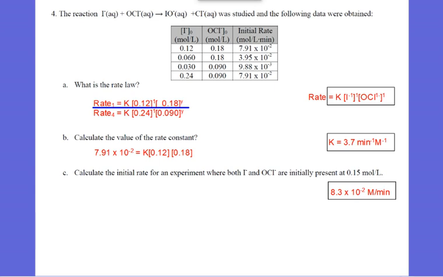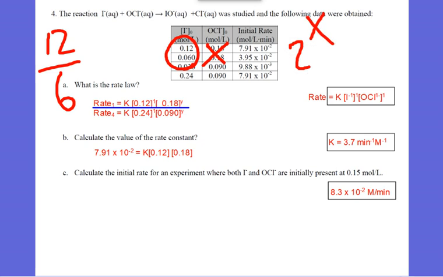So where are we going to do this? We could do it right here. We could cross off these OCls mentally, and we're just comparing those two numbers. So we have 12 over 6, which is definitely 2. So we have 2 to some power. And then on the other side, for the rates, we have 7.91 over 3.95.